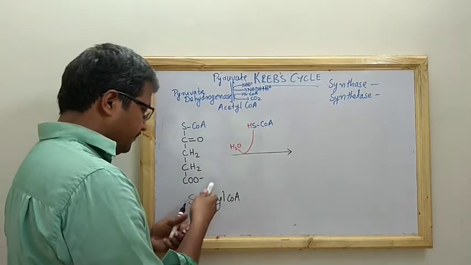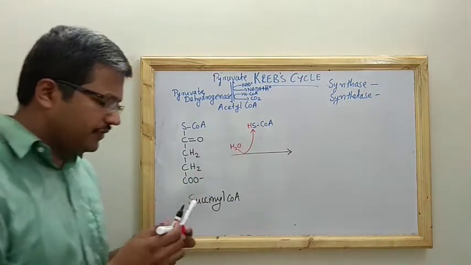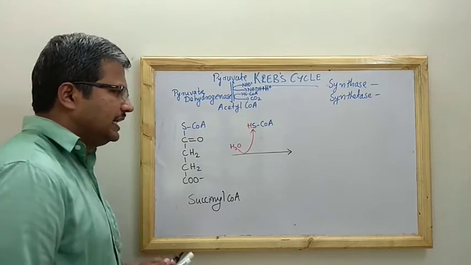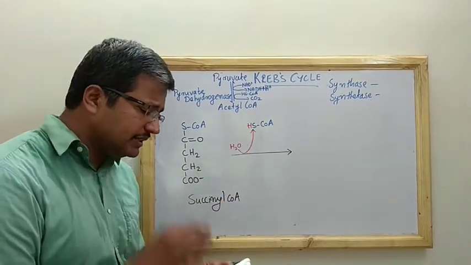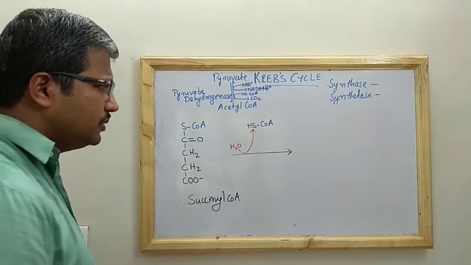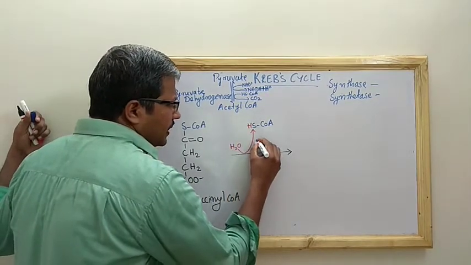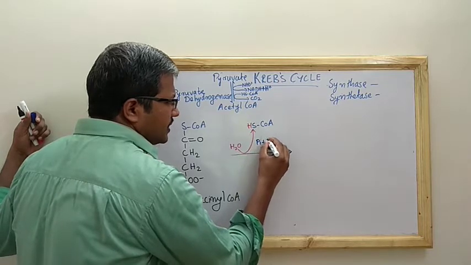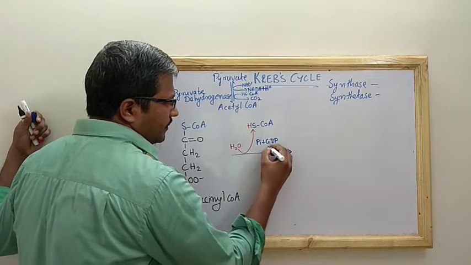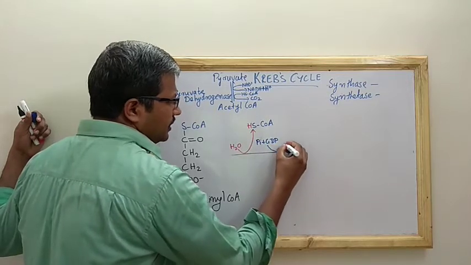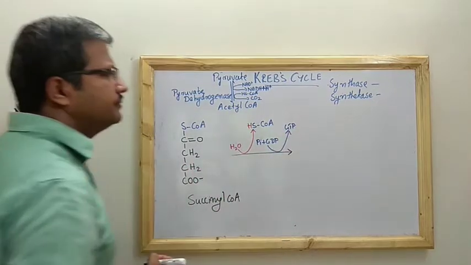Hydrolytic removal. And let us see where the remaining OH of H2O will be. But this particular cleavage will be releasing energy, then that energy will be utilized to combine Pi plus GDP, and this will be released as GTP. Okay.